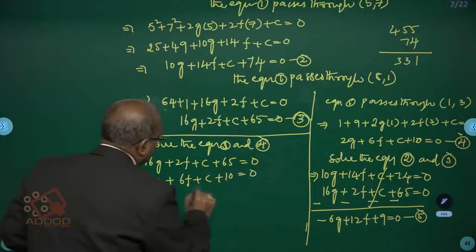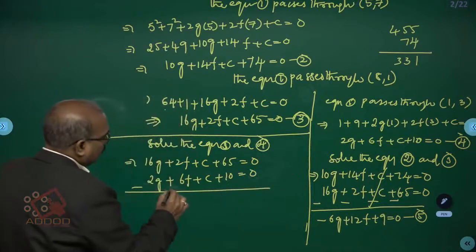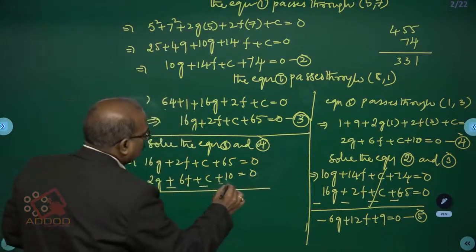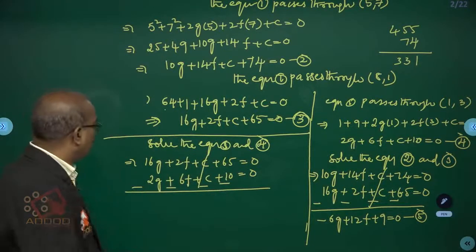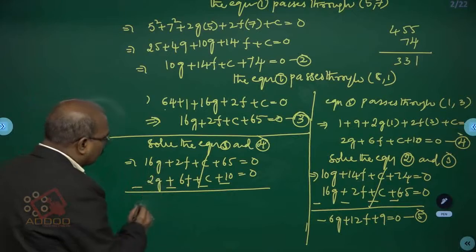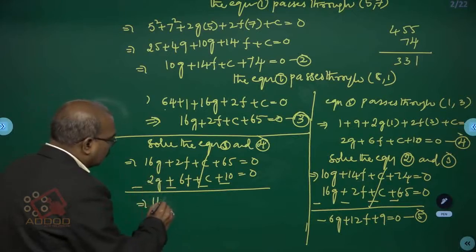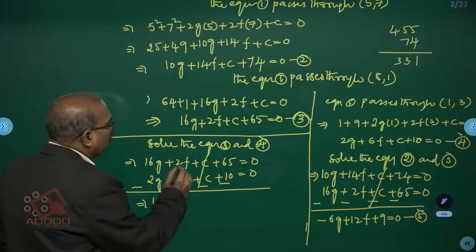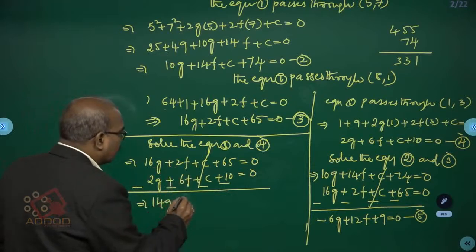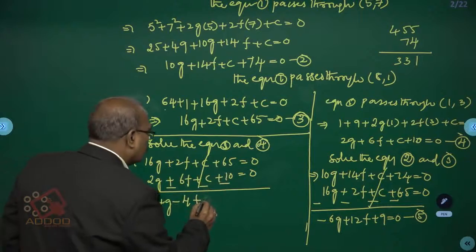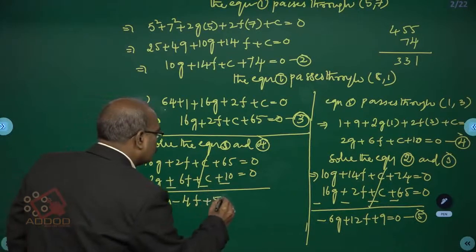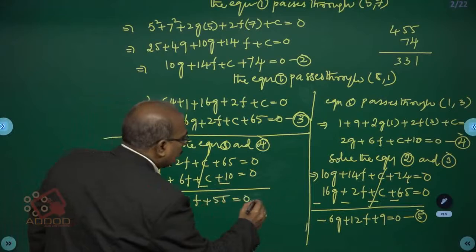So this is minus, minus, minus, minus. So plus c and minus c get cancelled. Now 16g minus 2g is 14g, 2f minus 6f is minus 4f, and 65 minus 10 is plus 55, is equal to 0. So that is equation 6.